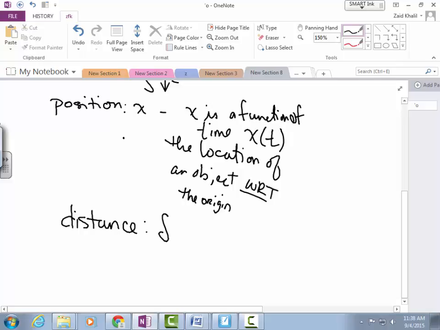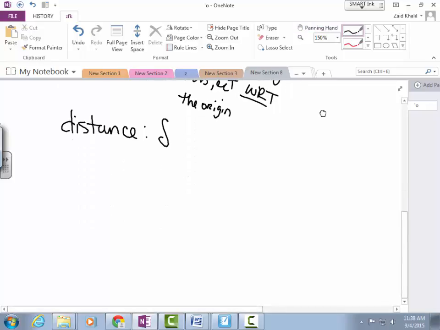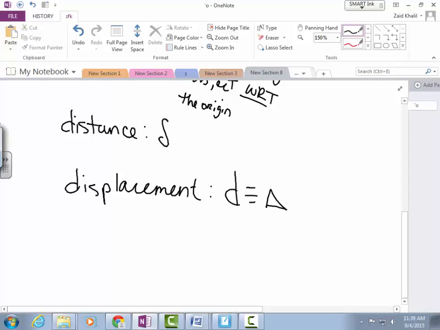And what is the definition of distance? And the answer is, not yet, Mr. Khalil. Not yet. We're going to move on to displacement, because it's only through displacement that we can actually really start working with what distance actually is. So displacement, I'm going to give it a proper Latin letter, D. And the definition of displacement is delta x.